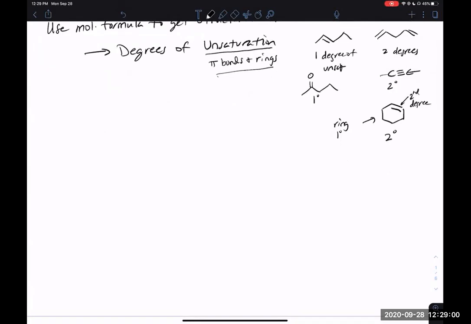So to calculate the degrees of unsaturation, let's formalize the steps and then we'll do examples. The first thing that you do is you get your molecular formula.